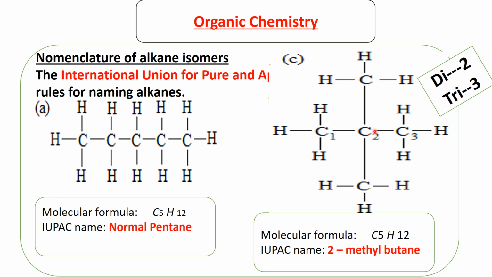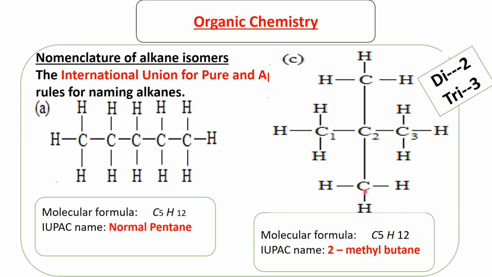And if the groups are on more than 1 carbon atom, or like here, on this carbon atom but there are 2 groups, how do you show their positions? You just write the numbers of the carbon atoms where they are. If there is more than 1 number, you separate them by commas.